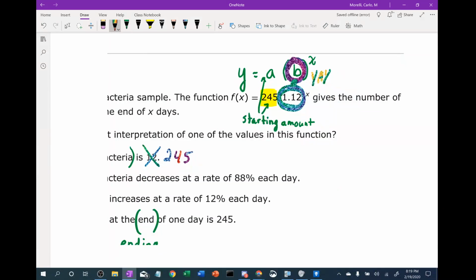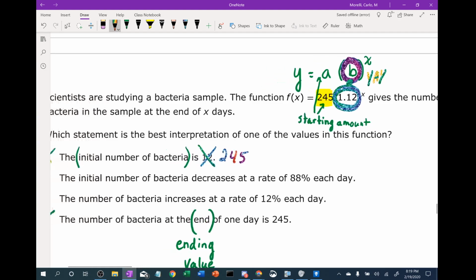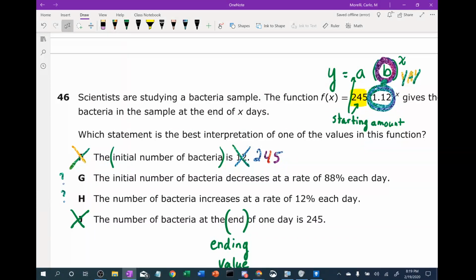You were overthinking it. So let me ask you a question. Is 1.12 greater than 1? Is that number bigger than 1? Yes.